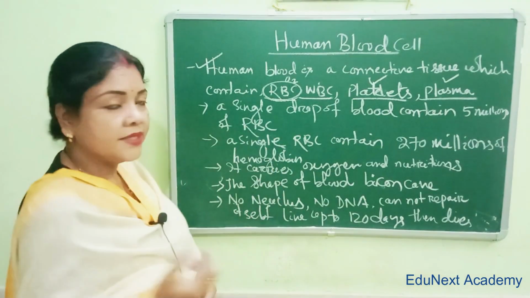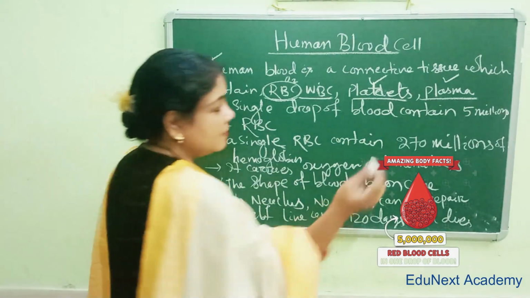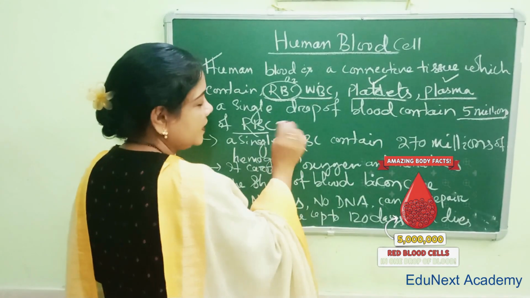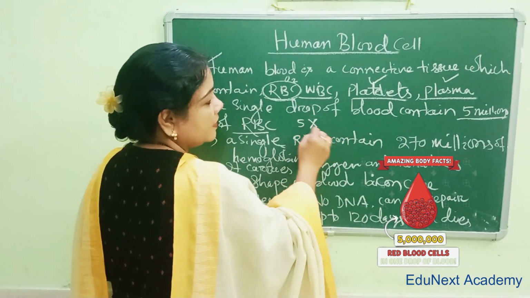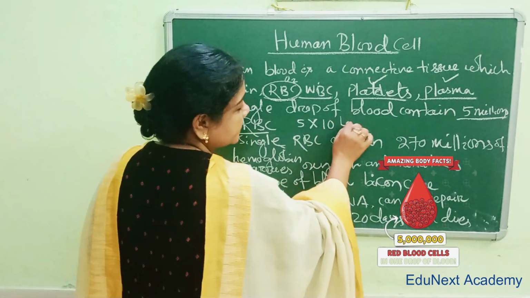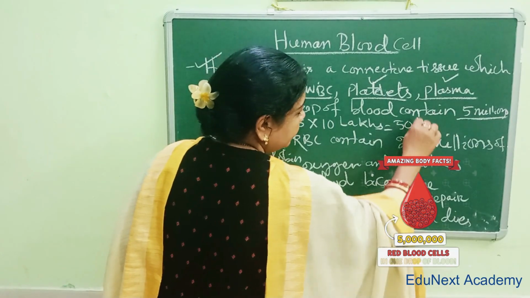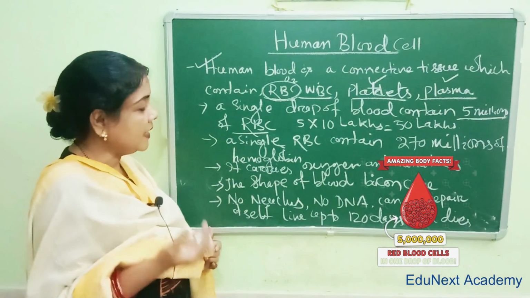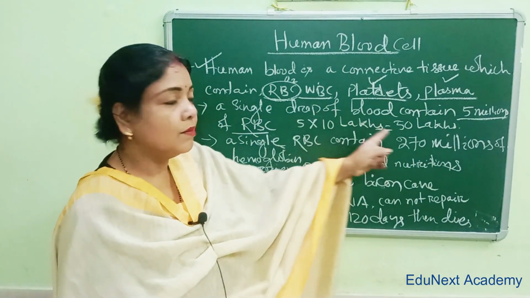And a single drop of human blood contains 5 millions of RBC, 5 into 10 lakhs, means 50 lakhs. 50 lakhs of RBC are present in a single drop of blood.